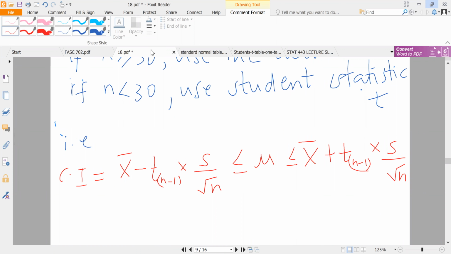Our degrees of freedom will be determined by the number of population parameters you are going to estimate. So for instance, in this case we are only estimating one population parameter mu, and that population parameter mu can be estimated using X bar.